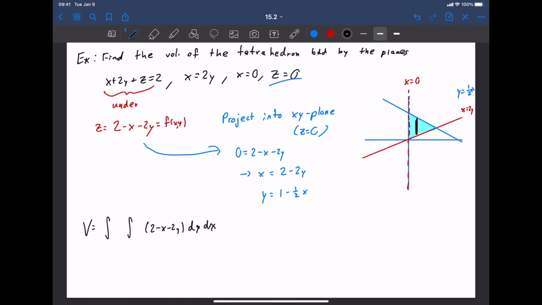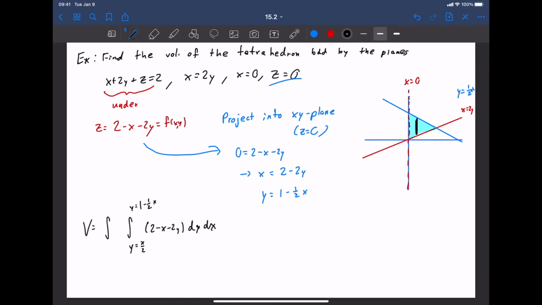3, 2, 1. The lower y bound is clearly that red line, which is y equals x over 2, to our higher bound, which is y equals 1 minus 1/2 x.